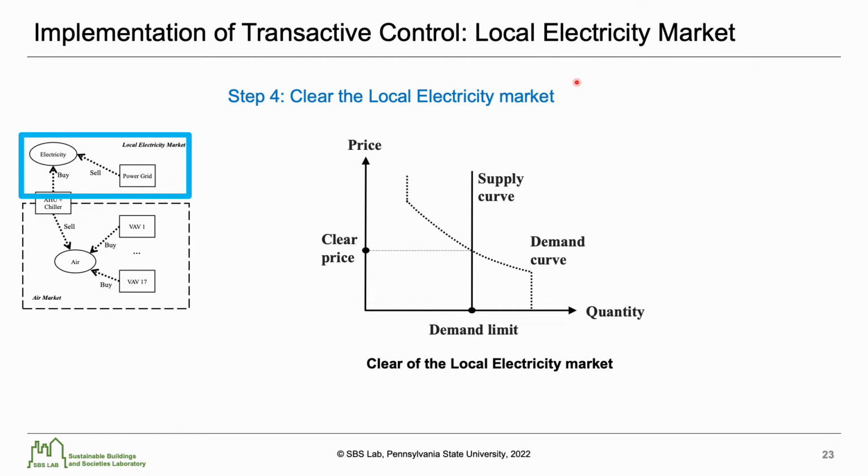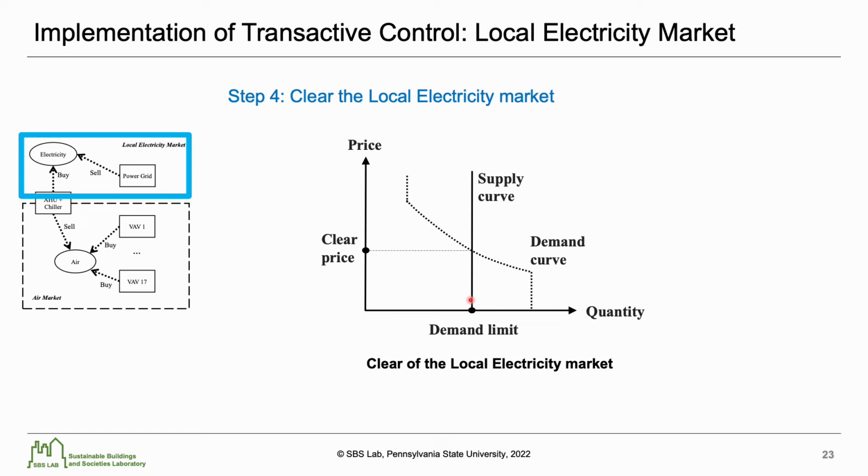In this step, the local electricity market is cleared based on the received electricity demand curve from the AHU plus chiller agent and a predefined supply curve, which represents the power limit. For simplicity, the supply curve is defined as a vertical line in this study, as you can see here. In reality, the price may change with the power limit in other cases.